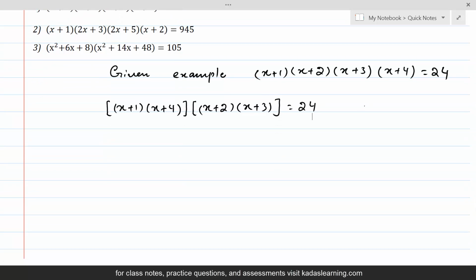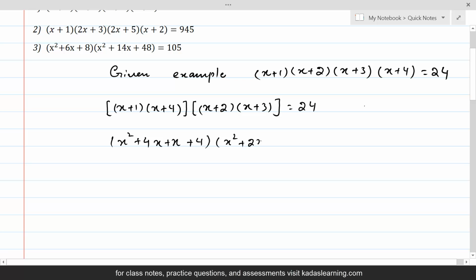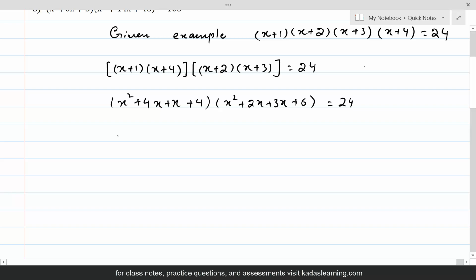Now if we multiply these factors within each group, what we have is x squared plus 4x plus x plus 4 into x squared plus 2x plus 3x plus 6 equal to 24, and upon simplification we have x squared plus 5x plus 4 into x squared plus 5x plus 6 equal to 24.